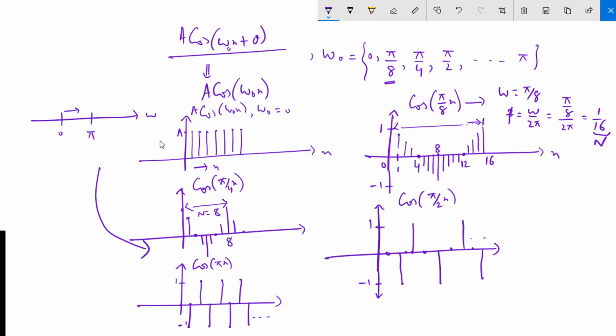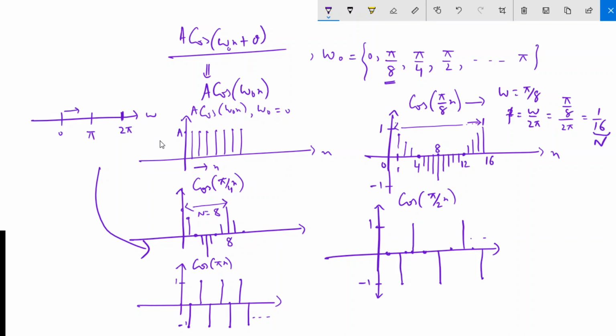And beyond this, what will happen if you go for frequencies between pi to 2 pi? They will be same as the frequencies between pi and 0. Okay, because when you further increase the frequency, the rate of oscillation will start decreasing. Okay, and when it will reach 2 pi, cos 2 pi is 1, again this signal.